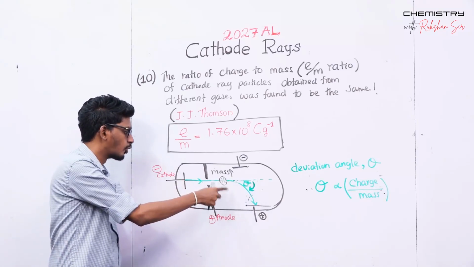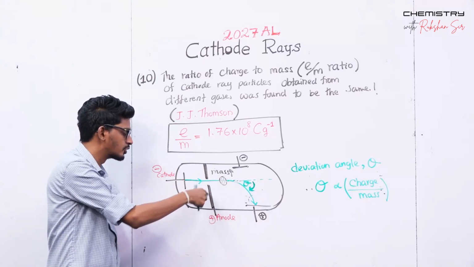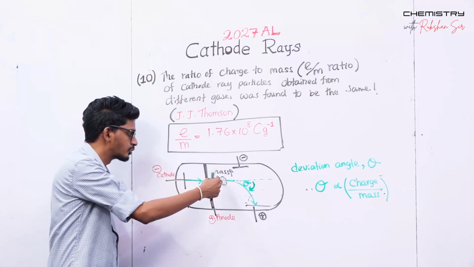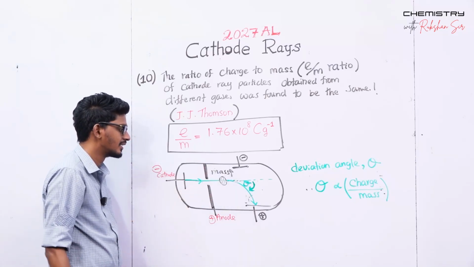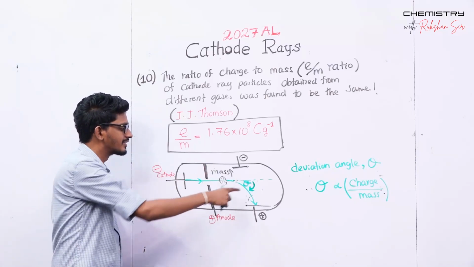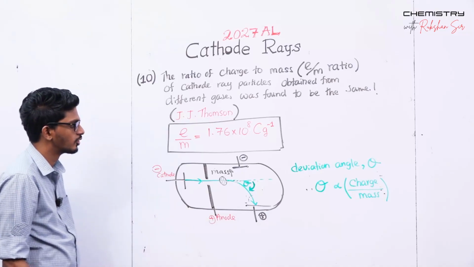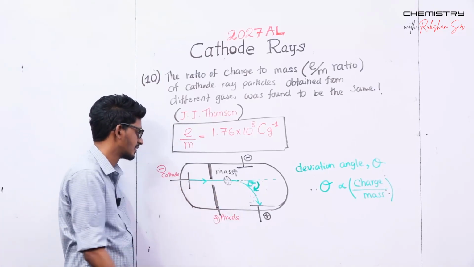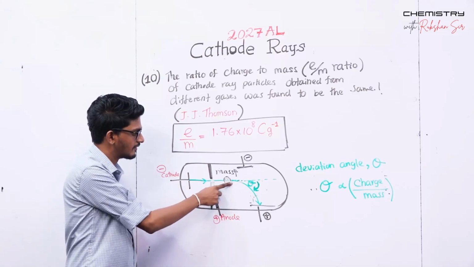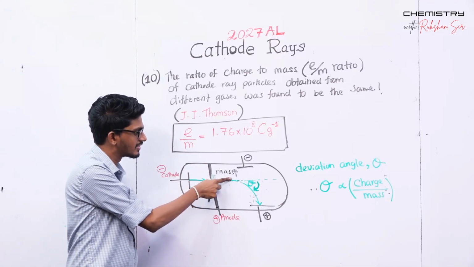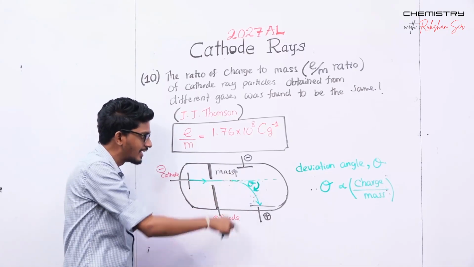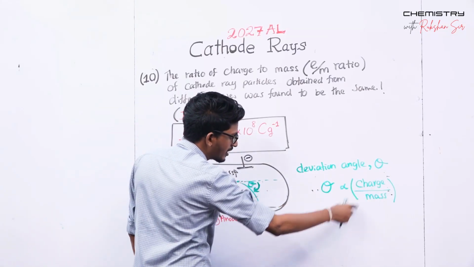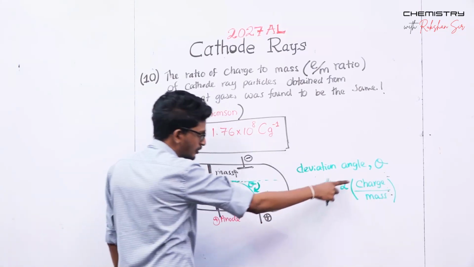If you change the gas to O2, N2, or any other, Cl2, in all the situations you get the same deviation angle. Same path the cathode rays took with all the gases. So the deviation angle is same, which means the e over m ratio is same. The charge to mass ratio is same.